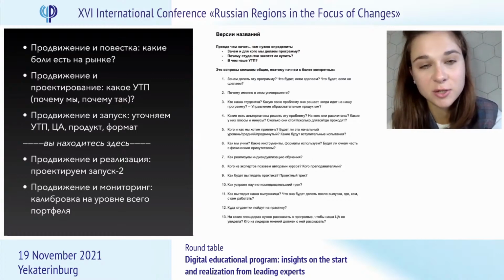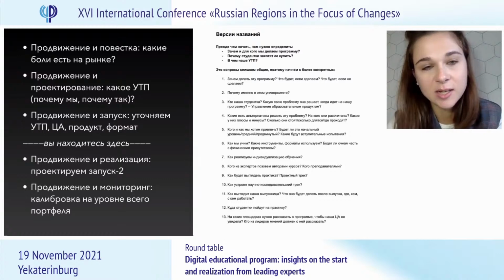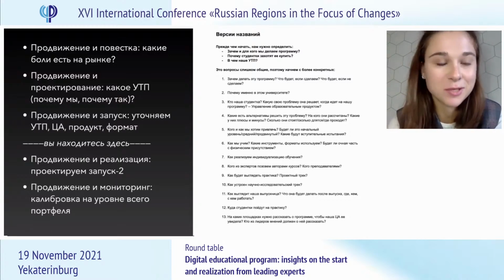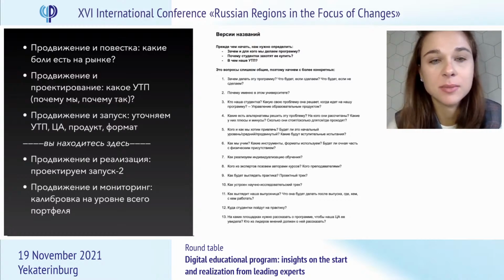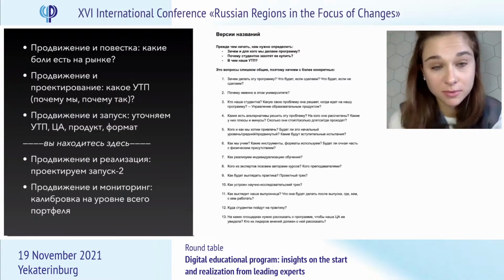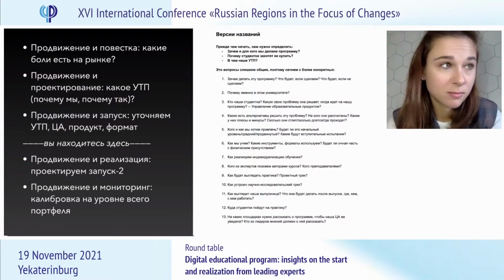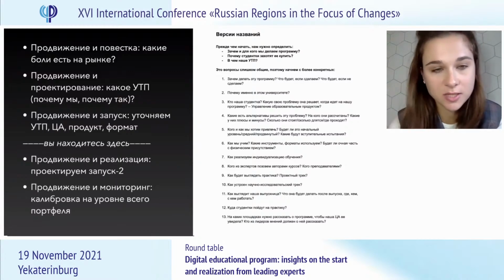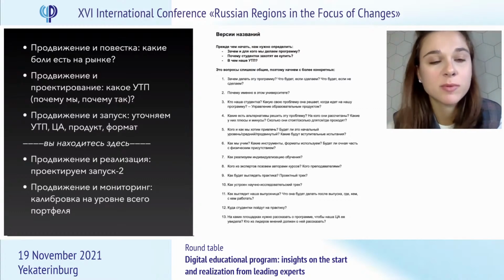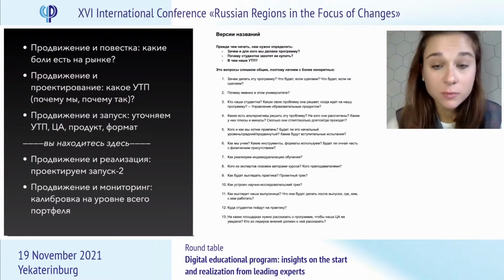And after launch, we find out that this is the same audience, the same people buy both products. And when we are making two products for them, we get fewer students, fewer listeners in total than if we had a single but more understandable product. Because now we have two products, people are selecting which one to take, and some decide not to take anything at all. This happens. So we understand something about all our programs and how we, as an educational institution, what we are offering to the market.